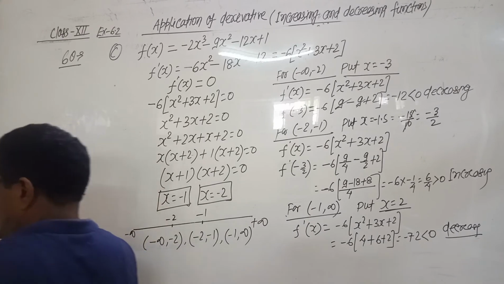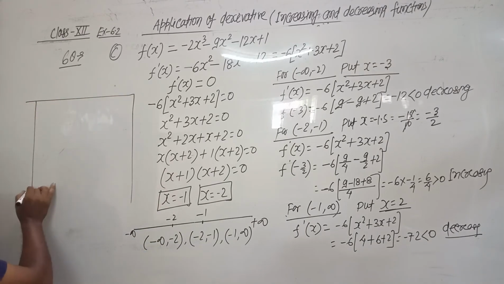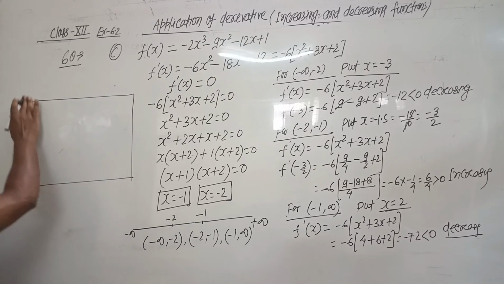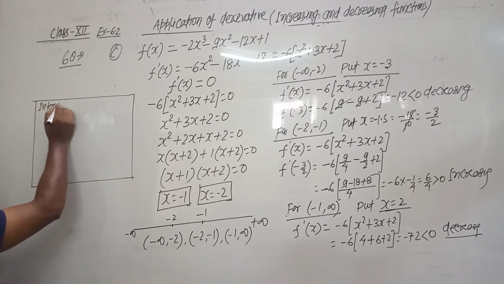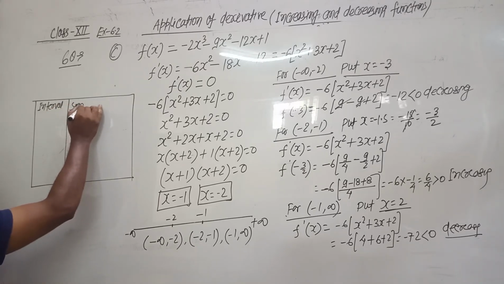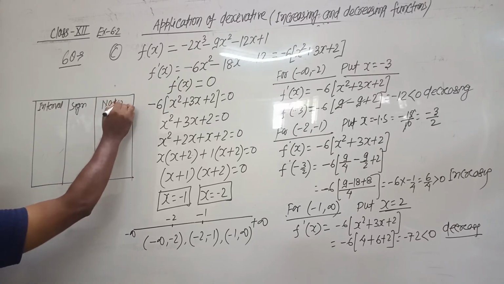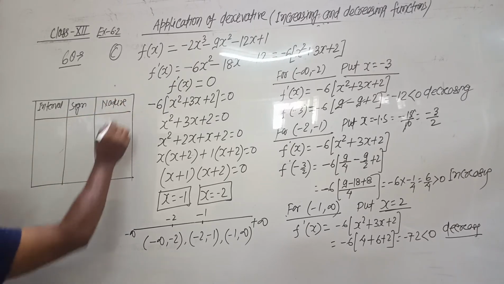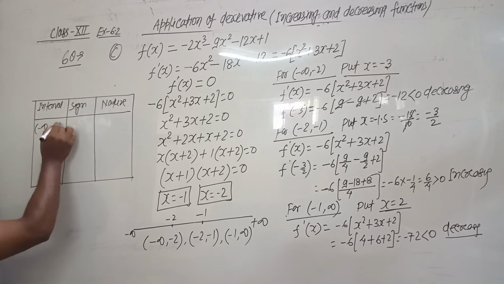So in the very last, you have to form a table. Interval, sign, and nature. So the interval is minus infinity to minus 2.